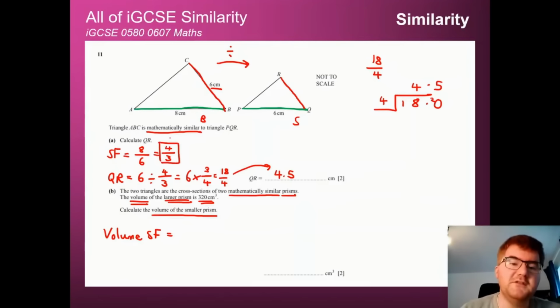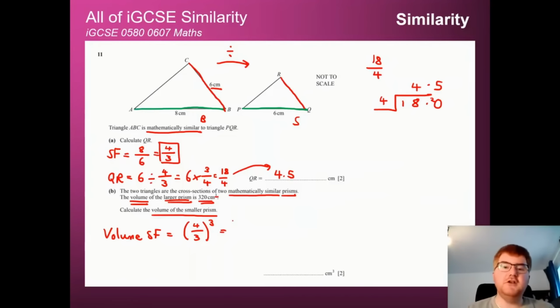Well, all we do is we take that 4 over 3 and we're going to cube that number. Okay, because notice we've got centimeters cubed, or cubic centimeters. So we want to take that and then cube it. Now again, we can use a calculator here, but if I cube this, we're going to get the same as 64 over 27. 4 cubed, 64. 3 cubed is 27. Now we're going to do the same logic here.